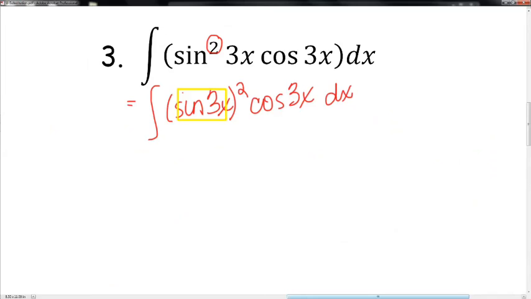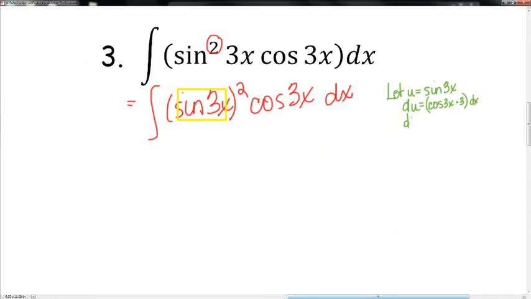So let u equal sine of 3x. That means du is going to be the derivative of sine, which is cosine of 3x, and then I need to take the derivative of 3x, which is 3, and then finally the derivative of x is dx. So let me rewrite that.